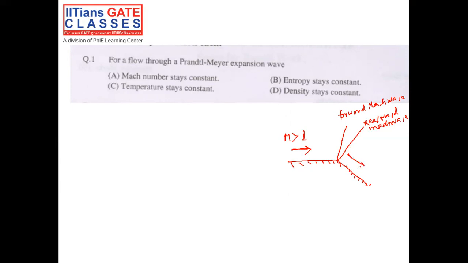Now the flow across this expansion wave is completely an isentropic process. So as the process is isentropic, there is no loss, so obviously the entropy is constant.